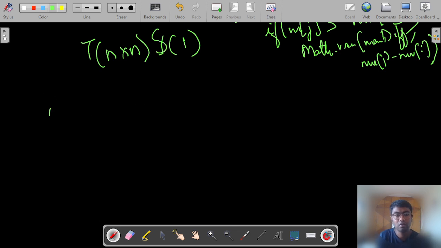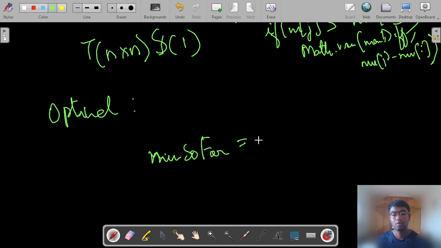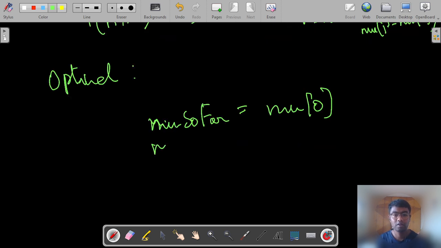While we can have another optimal approach where, let's say, initially we keep track of the minimum element with nums of 0 as the minimum initially, and the max difference we can also set as minus 1.